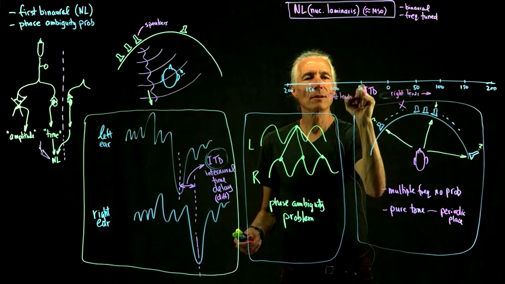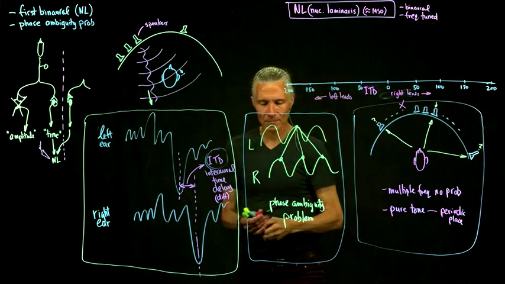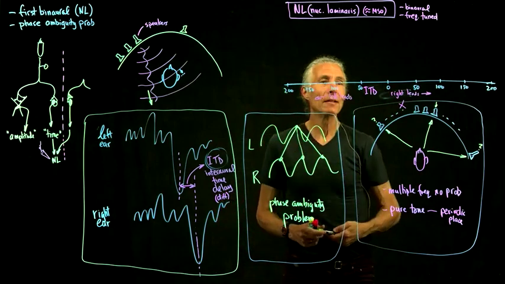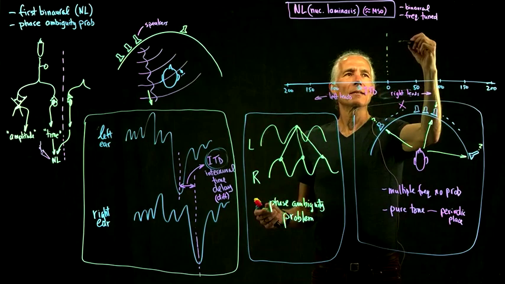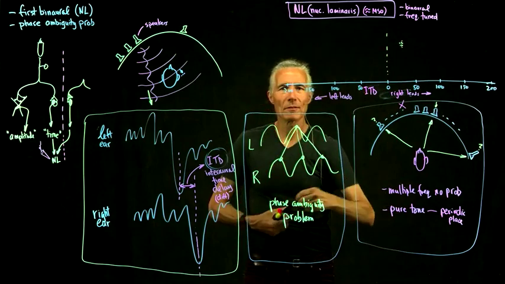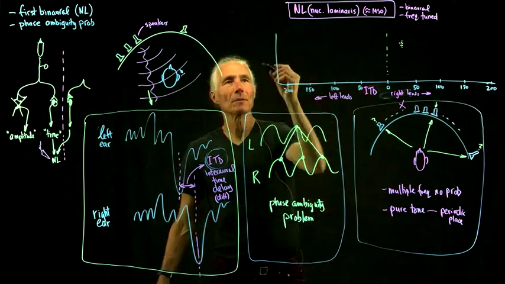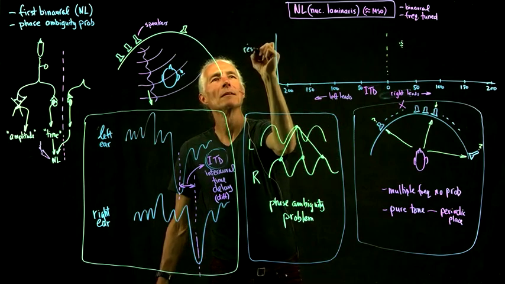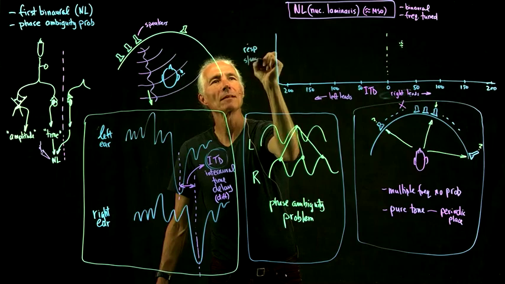So if we just record the response of the cell, what happens is you'll find, say, a cell. So here's the 0 mark. Say you do a bunch of recordings and you find here's the response of the cell, in spikes per second.